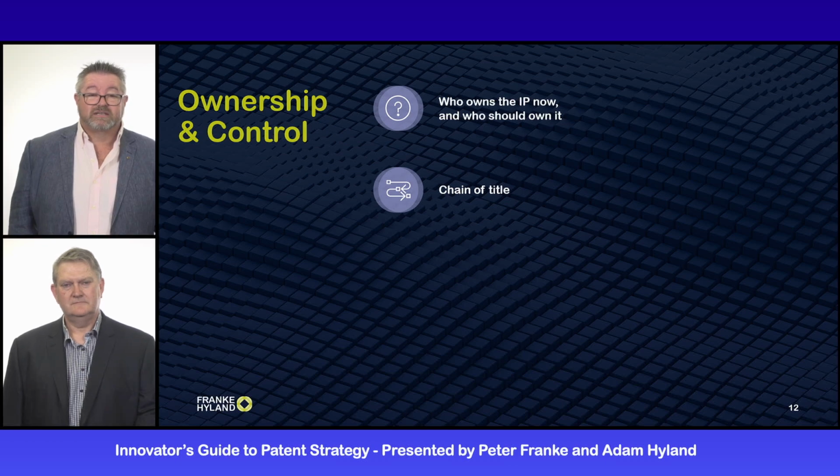That may need to be done as a separate step. And also, very often we're dealing with people who are directors of companies but not actually employees, and the same would apply there. We need an actual direct transfer of the inventorship rights from that director to the company. It's not something that can be assumed to happen automatically.